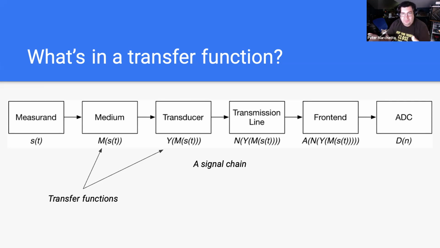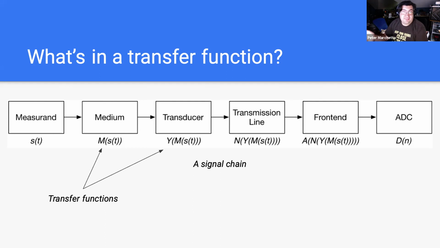And so our sampling frequency or our sampling rate, or the period between different samples, let's say that it's once every 10 minutes, which is one of our default settings kind of, then that means that every 10 minutes, I take this digital number off of the analog to digital converter that then reflects all of the analog stuff that came before it, the front end, the transmission line, the transducer, the medium, and the measure end.